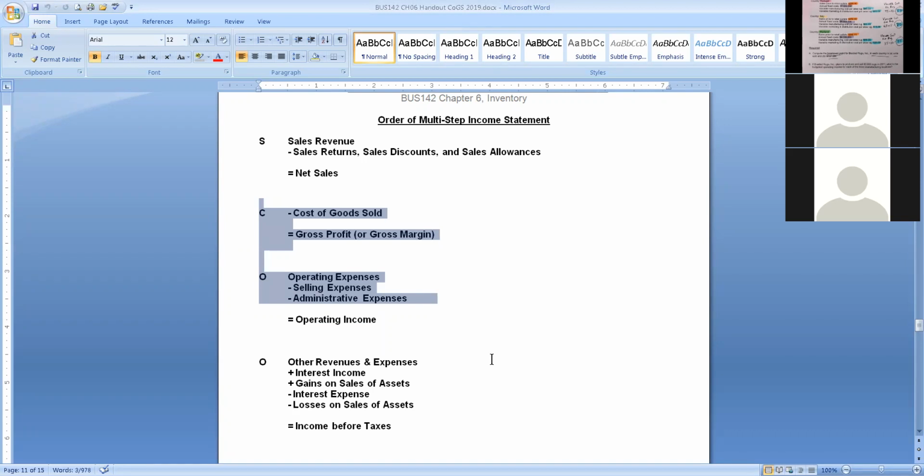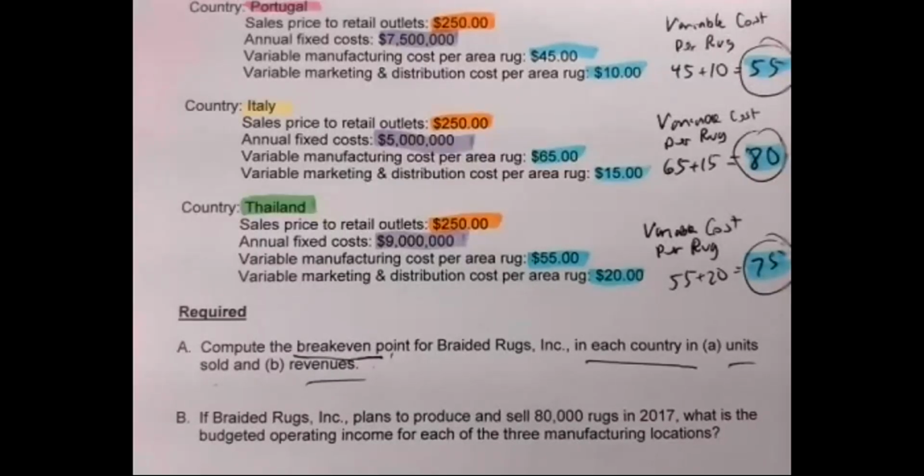It's going to be based on cost behaviors rather than specific costs. And you guys probably did that in your first accounting class where you had operating income, but in this class, the operating income is going to be a little bit different.